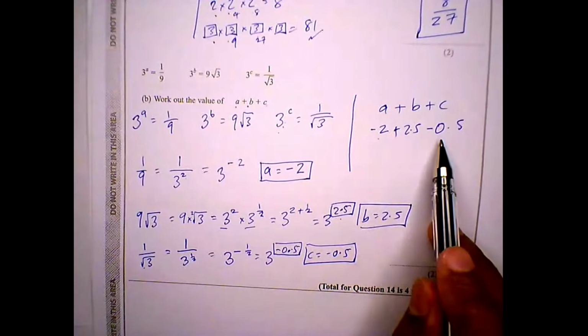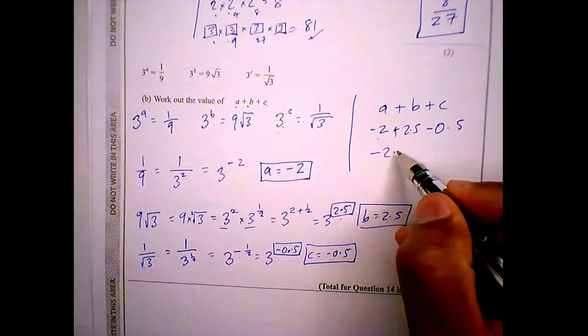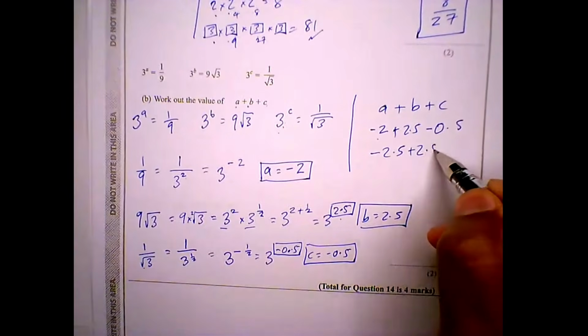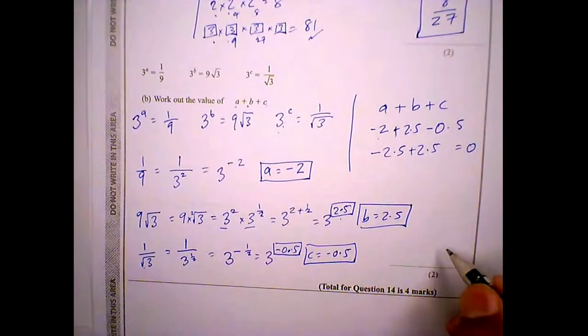Minus 2 take away 0.5 is minus 2.5, plus 2.5. They cancel each other out, it becomes 0. So my answer, the value of A plus B plus C, is 0.